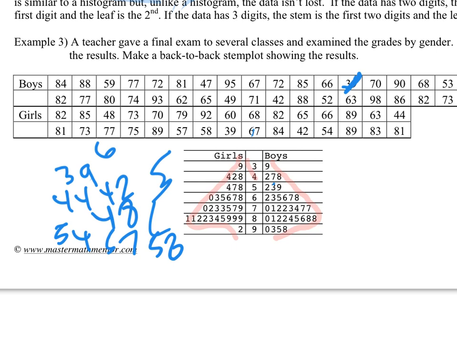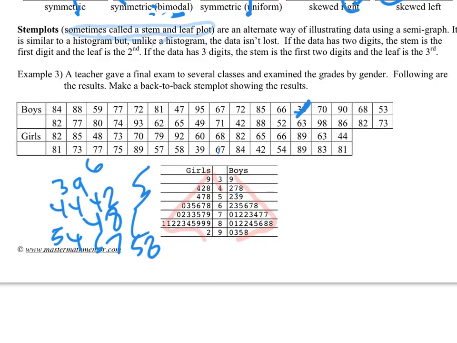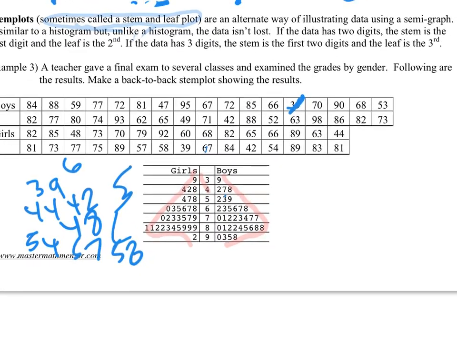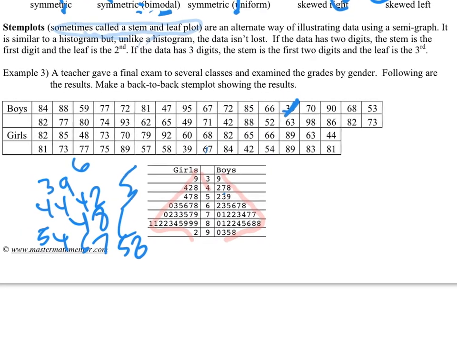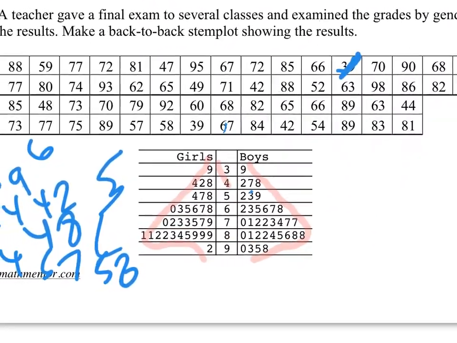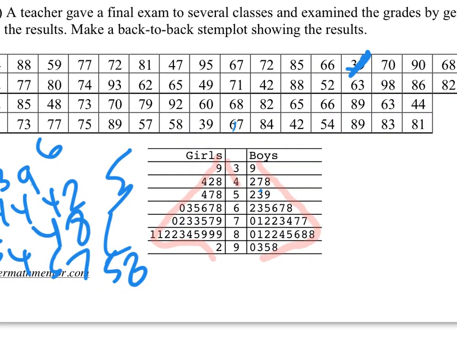By the way, what was this for? What were we graphing here? It says, final exam to several classes and examine the grades by gender. So if I was really a betting man, I wouldn't see a whole lot different between the boys and the girls on this test, except more boys scored in the 90s than the girls.